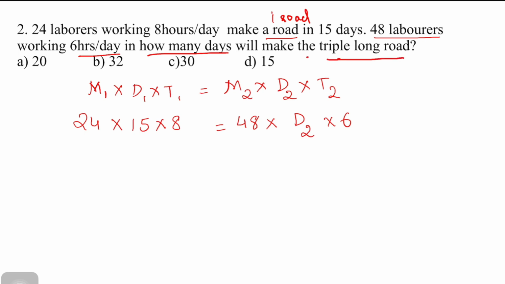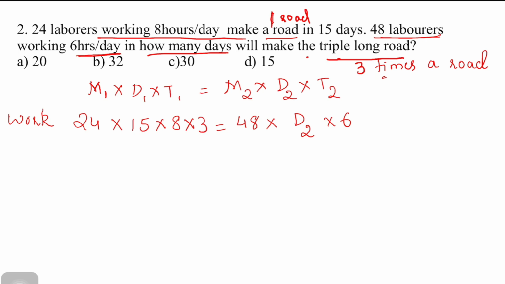In how many days will they make the triple long road? This is one road, and triple long means 3 times a road. So these people are making one road, and the 48 laborers should make 3 times that road. So if this much work is done to make one road, then into 3 will give us triple long road.